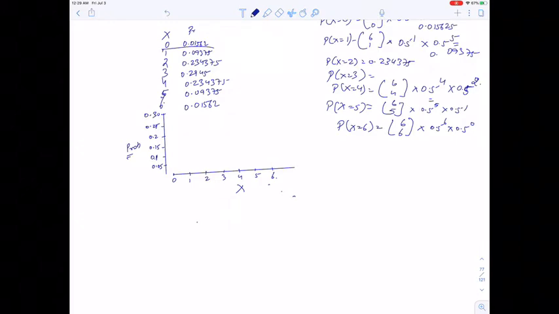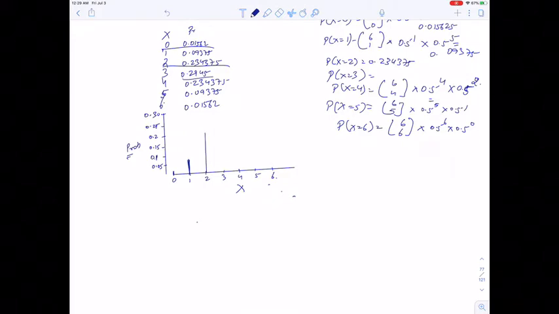This 0 is 0.01562, so that would be this tall. Then we have 0.09, that's about this tall. Then 0.2343, so maybe that's about this tall.